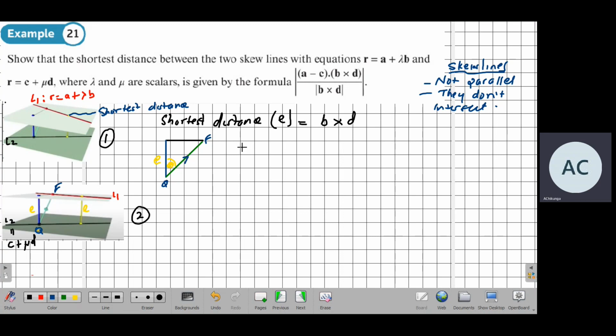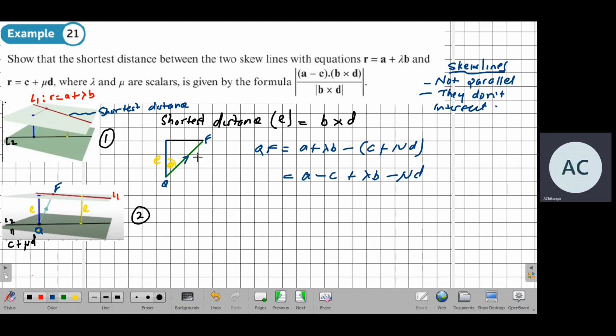We subtract the two: QF is A plus lambda B minus, in brackets, C plus mu D, which simplifies to A minus C plus lambda B minus mu D. That's QF.